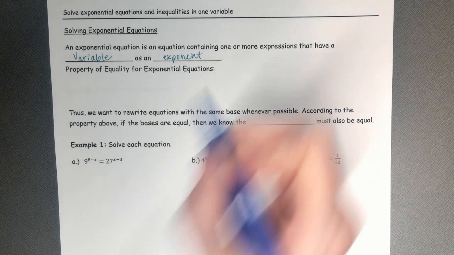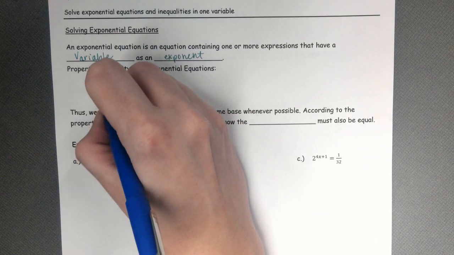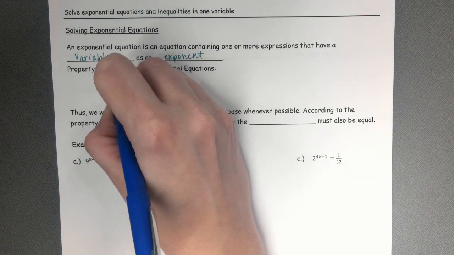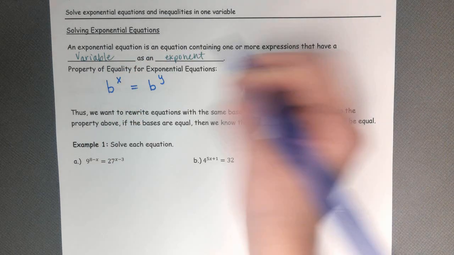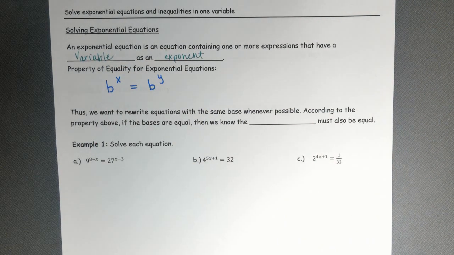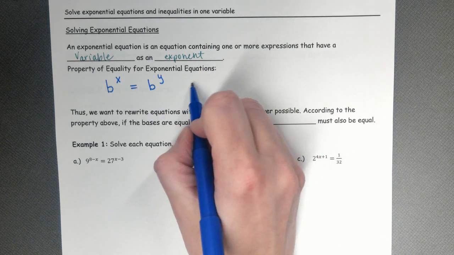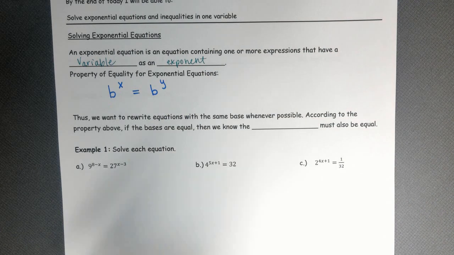If you have an exponential equation with a base b, if you know that b to the x power equals b to the y power, so the bases are the same, then, and I'm going to put a double-sided arrow.